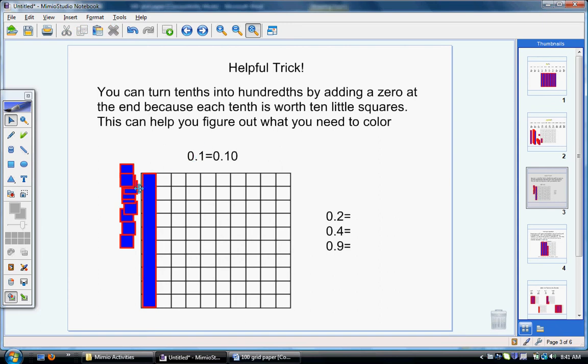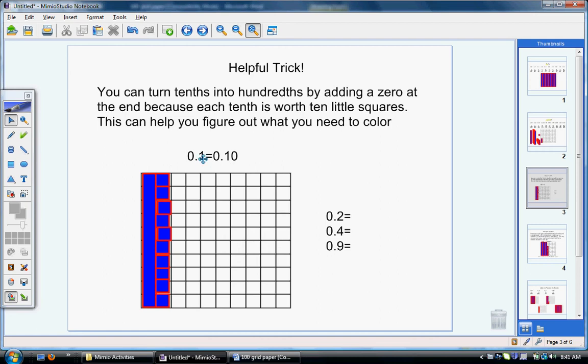If I were to take 10 of these little squares, 1, 2, 3, 4, 5, 6, 7, 8, 9, 10, I can see it also covers up one row. So 10 hundredths, 10 of the little squares, is the same thing as 1/10.